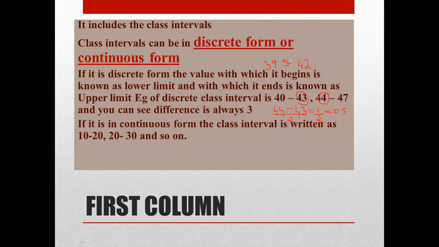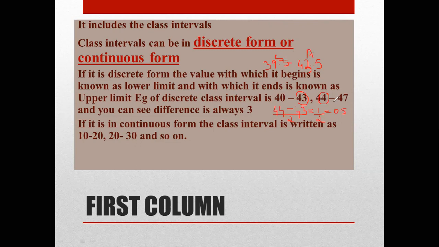Sorry, you'll be subtracting from the lower limit and adding to the upper limit. So adding to 43 will give you 43.5. Remember, from the lower limit subtract, to the upper limit add. So lower limit subtraction, upper limit addition.